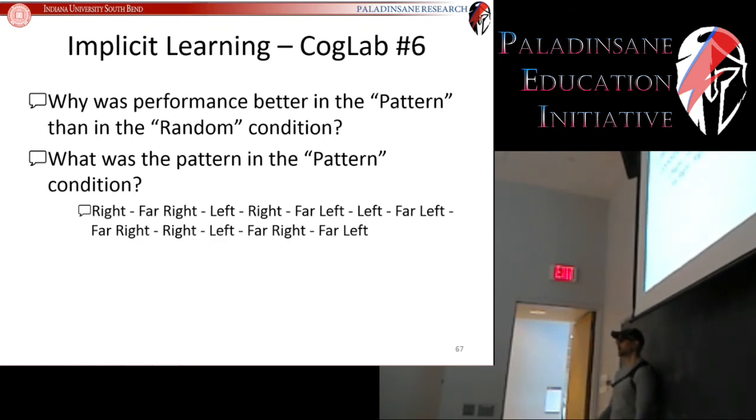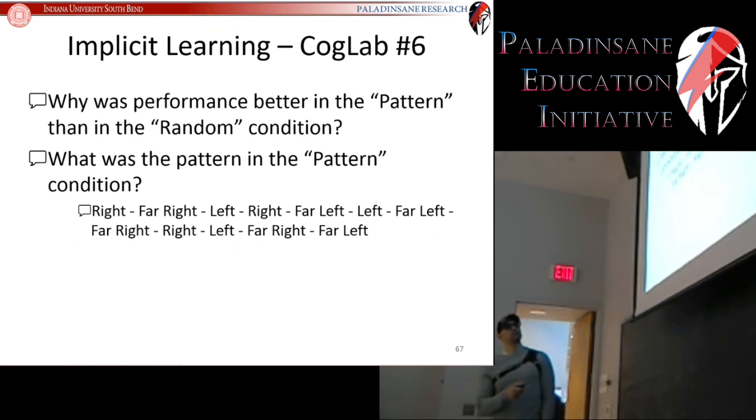And through repeated practice, you were able to learn this pattern. Even though you didn't know what the pattern was, your unconscious memory processes, your procedural memory, was able to learn it so that you could react faster. You could anticipate that after right, far right, far left, then was a left, then a far right, right, left, far right, far left, and then you repeated the whole thing.